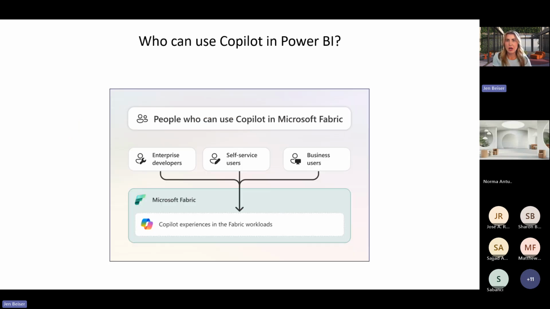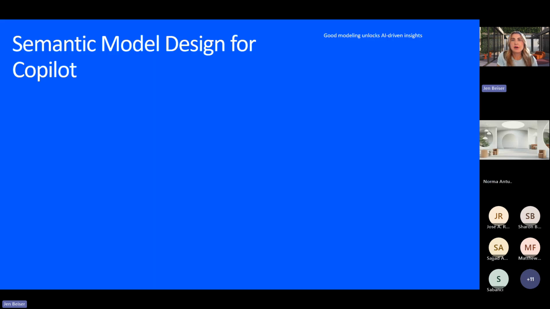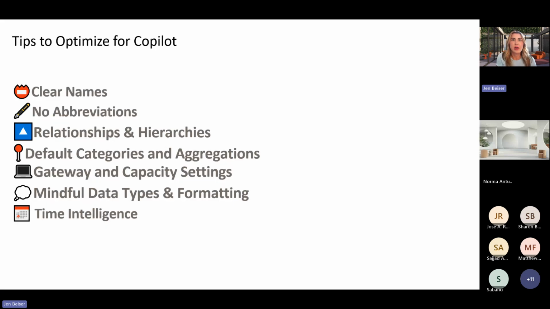As I mentioned earlier, different personas can use Copilot in Power BI. It can be your developers, it can be your admins, it can also be self-service users in addition to business users. Just like designing for performance, designing for Copilot is key to make sure that your end users have a good experience when they start using it.